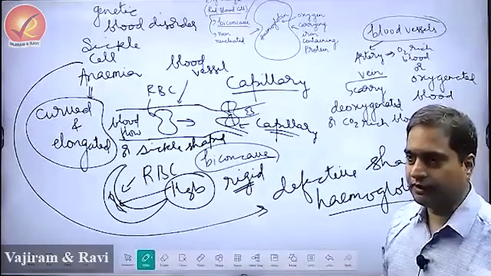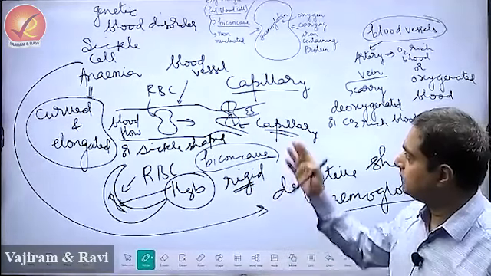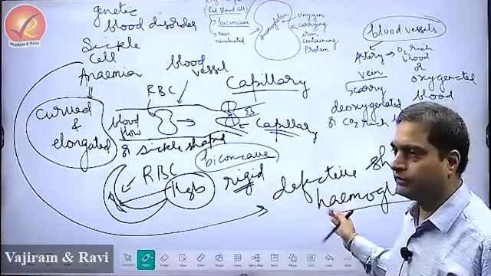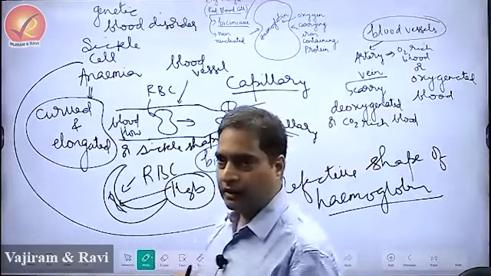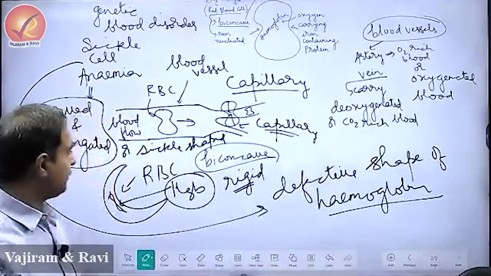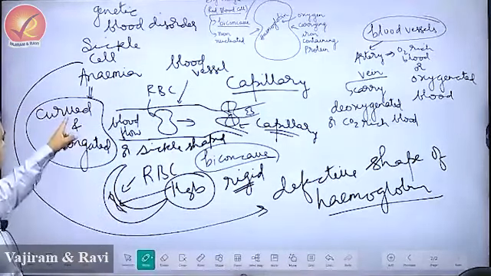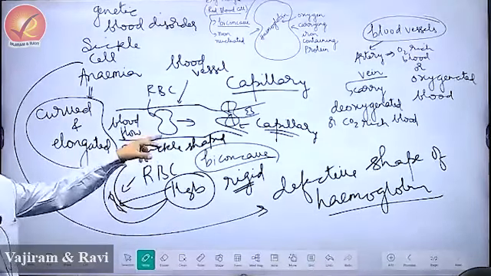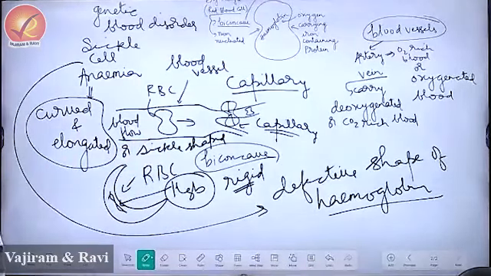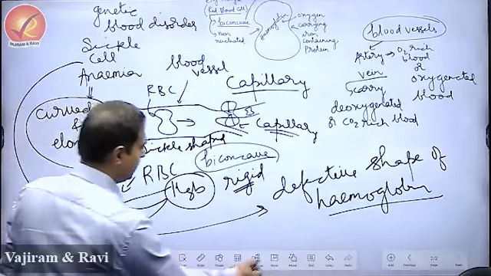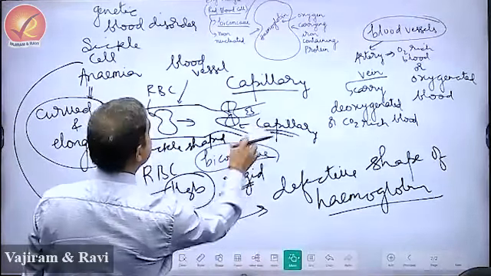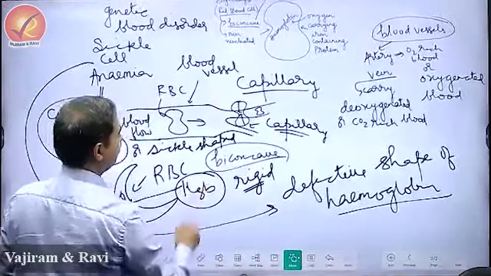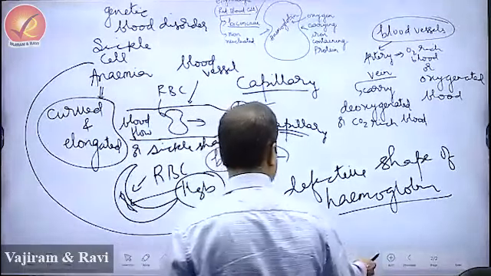In sickle cell anemia, a genetic blood disorder, this is because of what? Defective hemoglobin, where the shape of hemoglobin changes and it changes the shape of RBC to become curved and elongated, or sickle shaped, instead of biconcave or disc-like shape. So what will happen now in these individuals with sickle cell anemia?